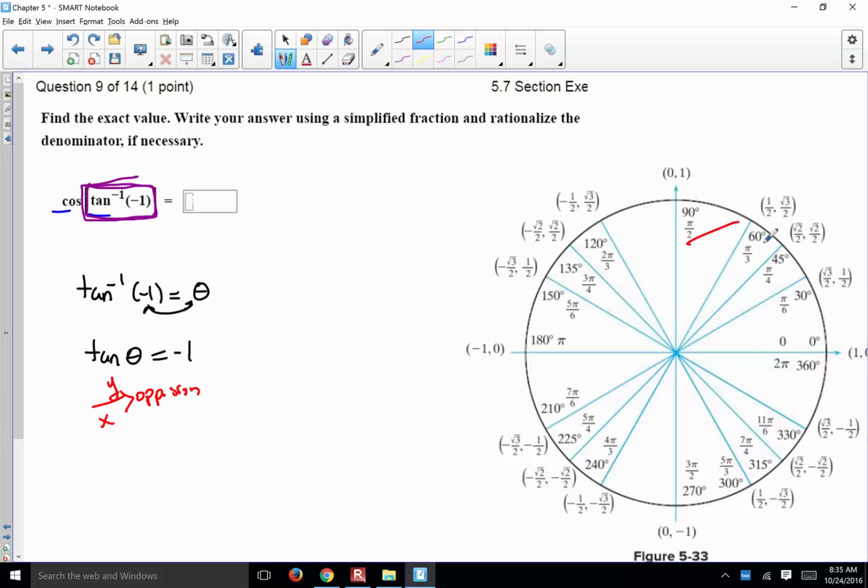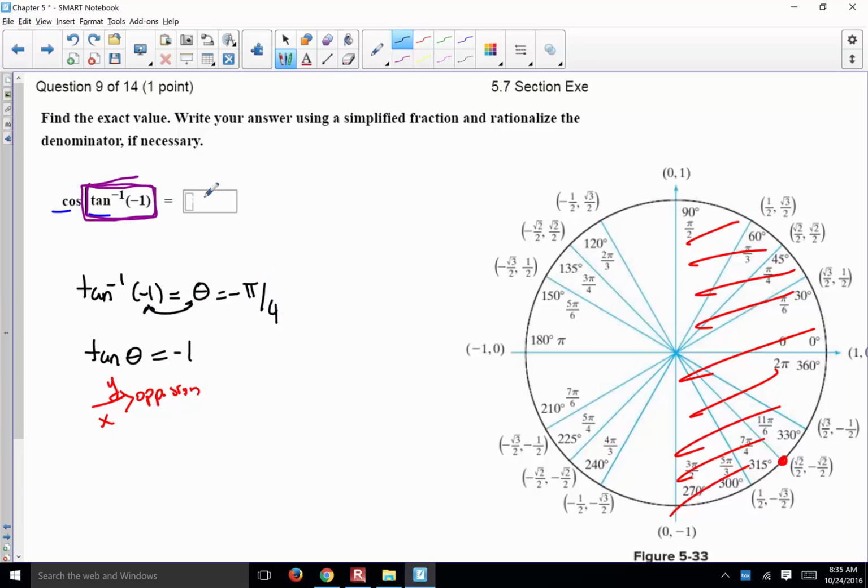And tangent only works on the right hand side of the wheel. So which point has the same X and Y coordinates with opposite signs? 315 degrees. But we need to convert this into a negative angle because tangent is between -90 and 90. So -pi/4.